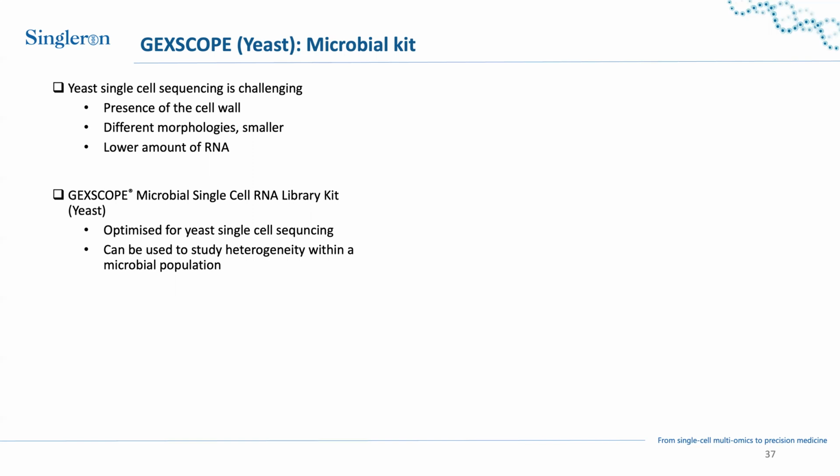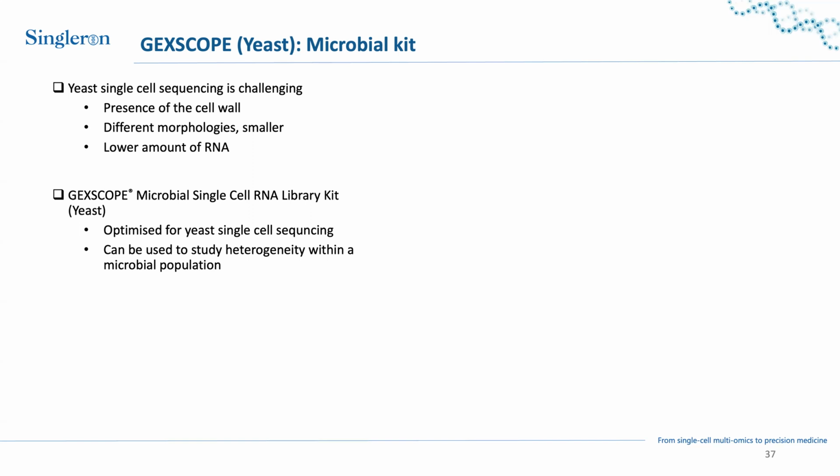The main challenge for yeast single cell sequencing is that a cell wall is present, and so the cell wall has to be overcome to be able to access the mRNA. Yeast have different morphologies and are in general often smaller than mammalian cells.